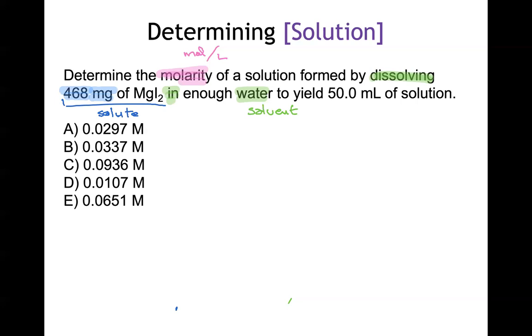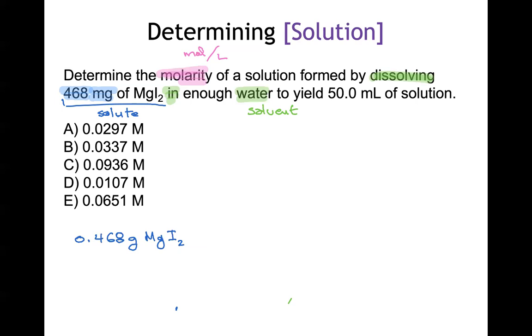So how can we convert the mass of the solute into moles of solute? Yeah, using the molecular weight. So we have 0.468 grams of magnesium iodide. Again, I converted milligrams into grams by dividing by 1,000.